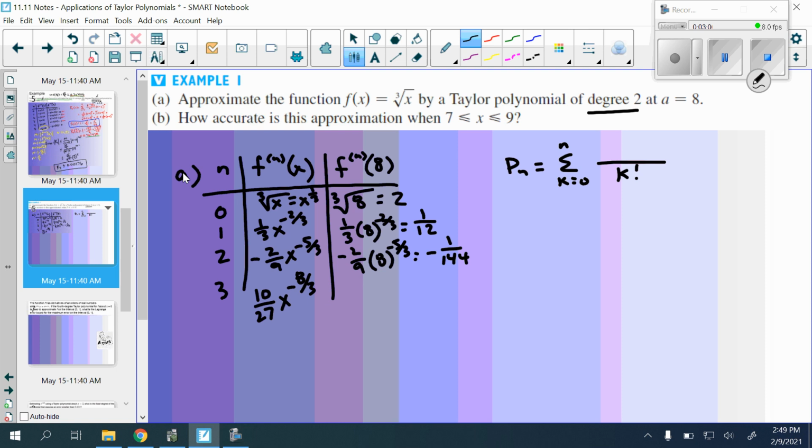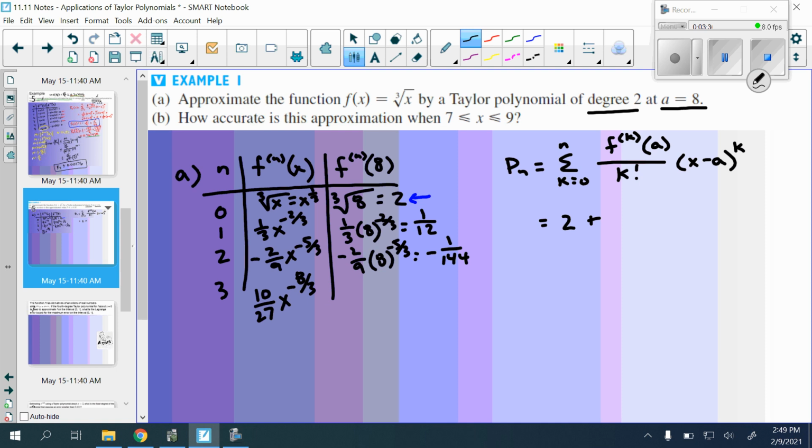This is going to be our derivative at k evaluated at our a value, which is 8. And we got x minus our a value to the power of k. All right, so if we put 0 in, 0 factorial is 1, anything to the 0 power is 1. So all this is going to equal is our value we had for the derivative at that, which is 2.